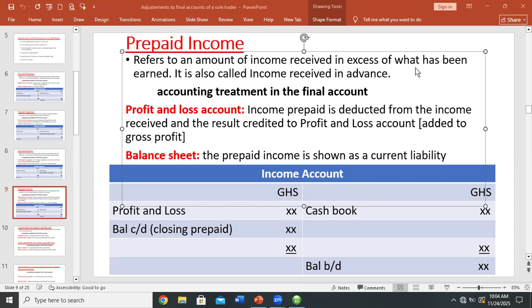So if the government pays my December salary now, that will be recorded in my books as income received in advance. Technically that is not my money because I've not earned it. That's why in the balance sheet, it is a current liability. And in the profit and loss account, you deduct it, you less it, because it is not your income. You deduct it from the income received.